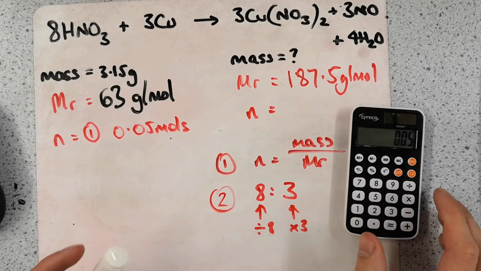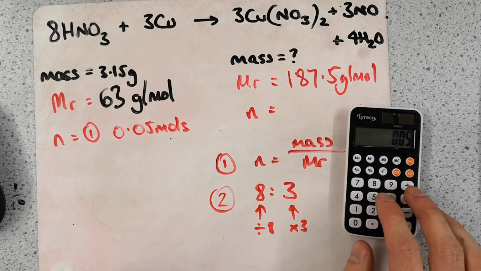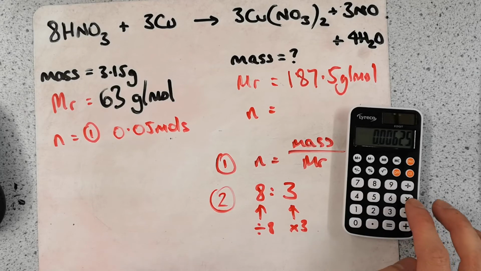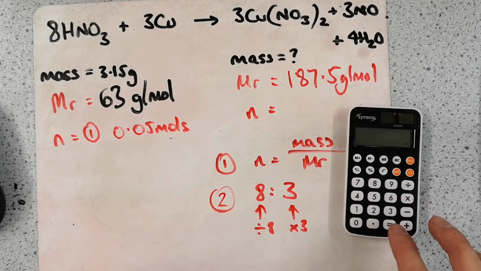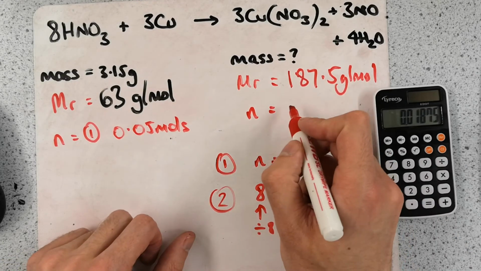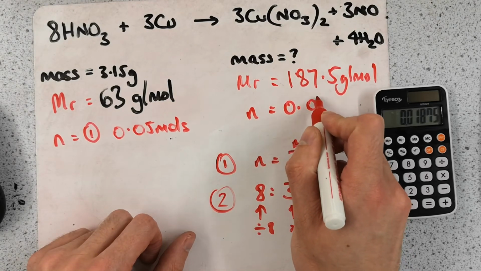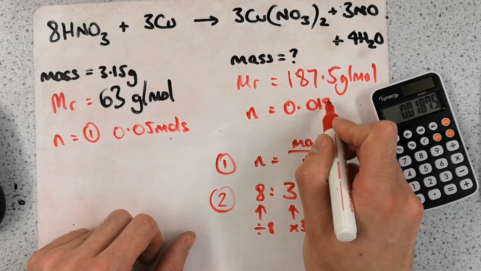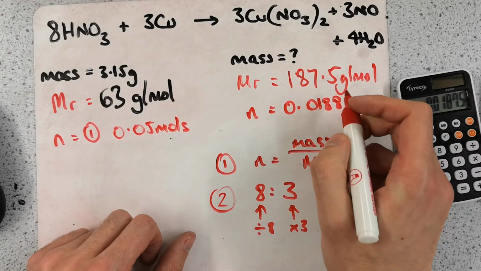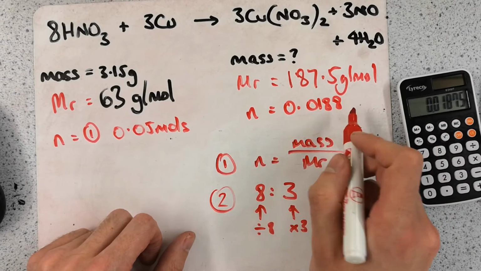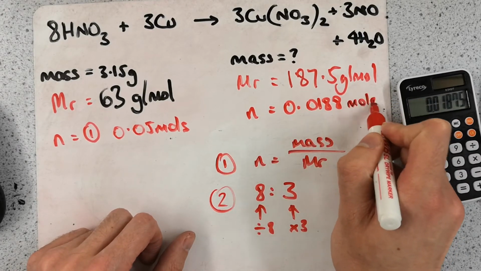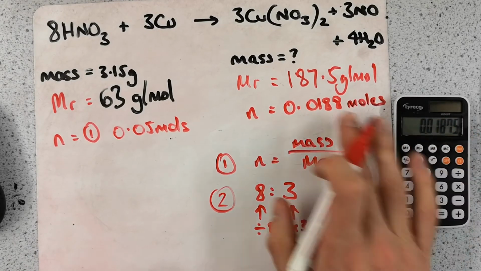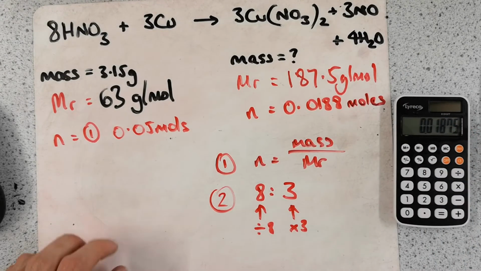So 0.05, divide it by the number on the left of the ratio, and I times it by 3, which gives me 0.01875, and I go to 3 significant figures, so 0.0188 moles. However, I'm going to keep that number in my calculator for the next step.